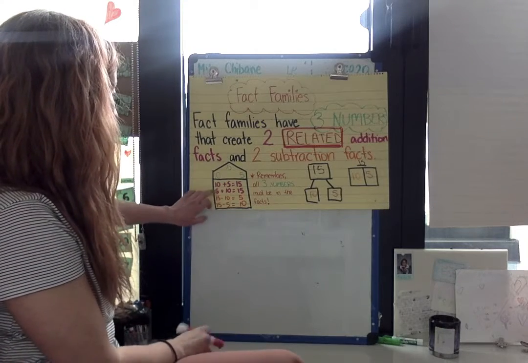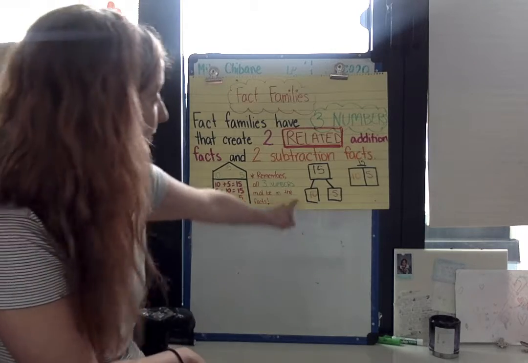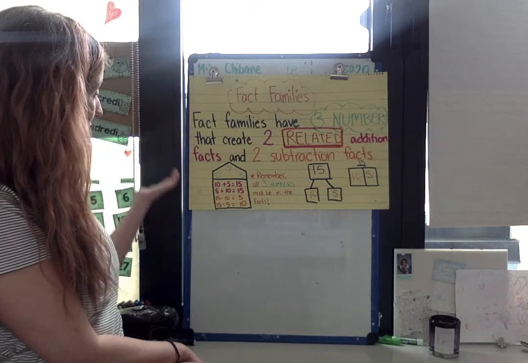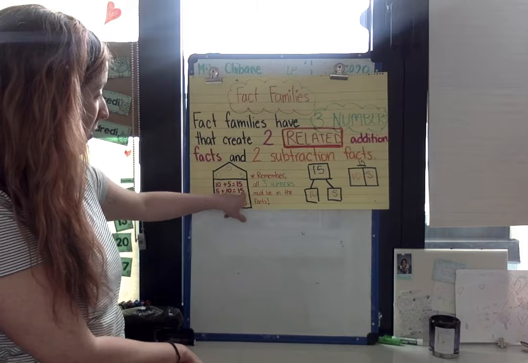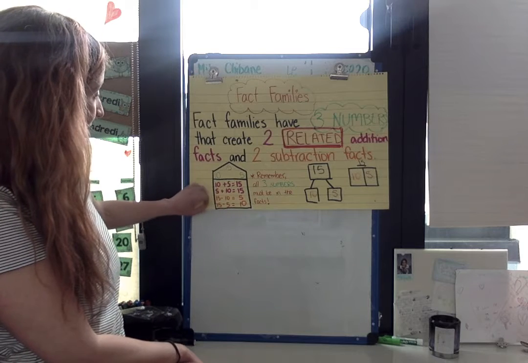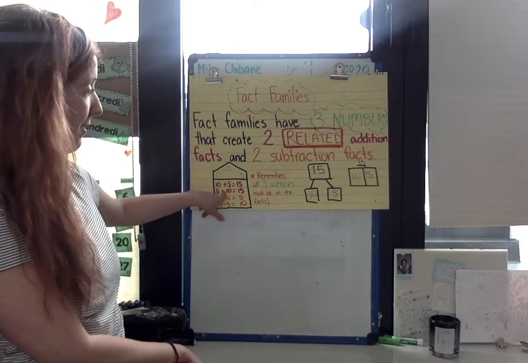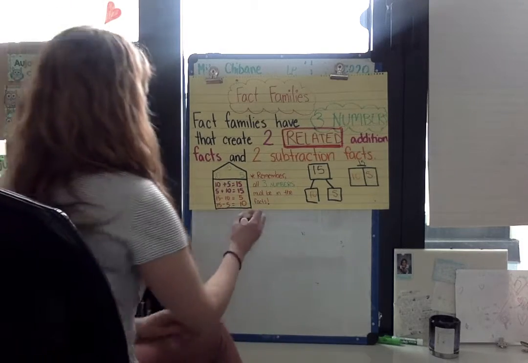I know that if I do 5 plus 10, I get 15. I see it right here. So I know that the related subtraction fact, 15, our whole, minus 5, our part, will give me my other part of 10.